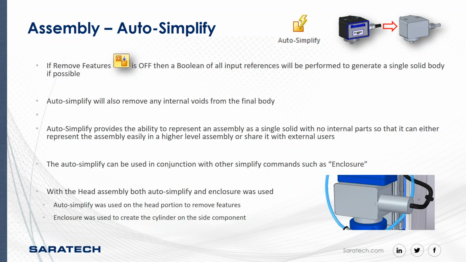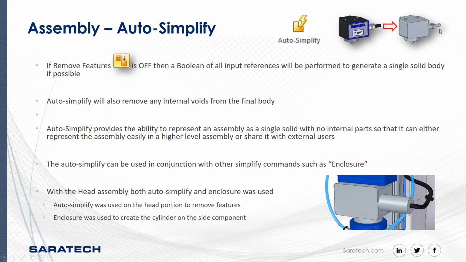So we're going to take a look at a bottling machine that we have that is a Siemens customer, but I want to focus here a little bit on this bottom one. So you kind of see the item that we're going to take a look at. This is utilizing the direct auto simplify, but when it talks about utilizing the enclosure command here, we can take a feature and say we want to enclose that in a cylinder or a box or a sphere, and really take a lot more of the detail out of it.